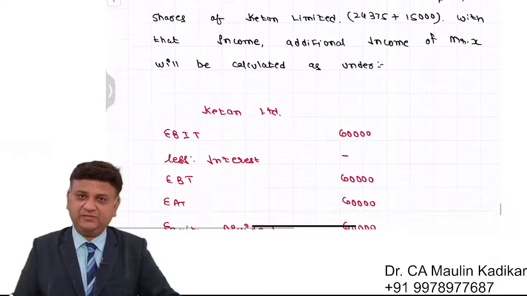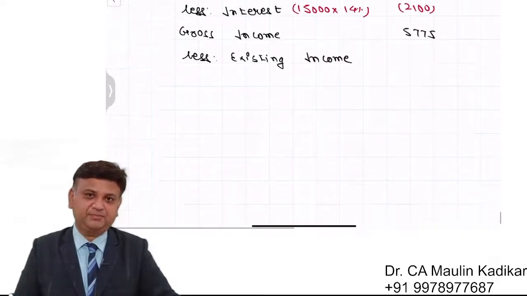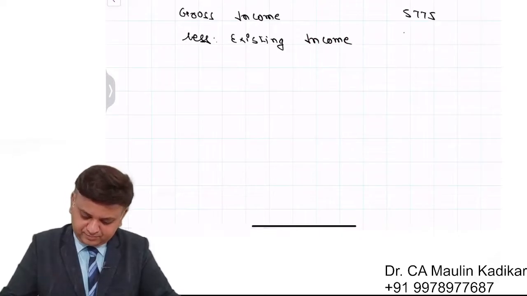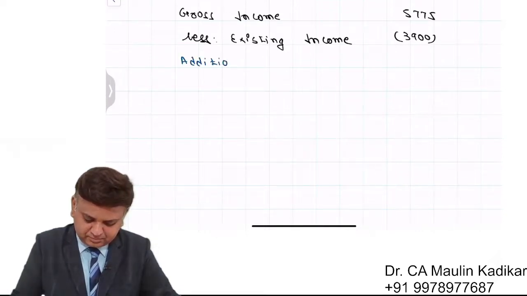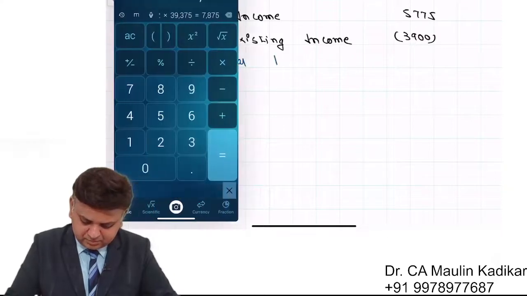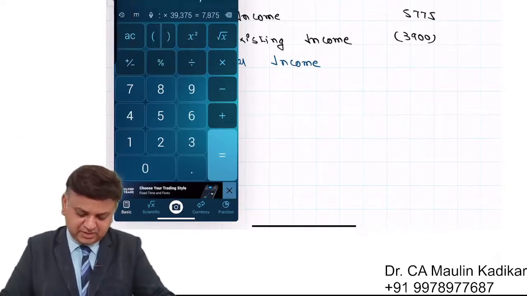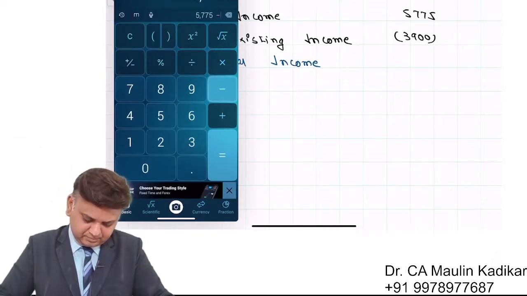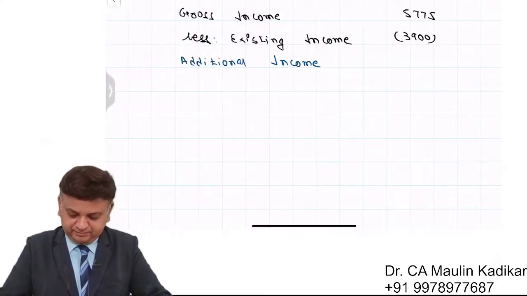So 5775 minus 3,900 will give the additional income. So the difference of these two is additional income. That is 5775 minus 3,900. It comes to 1875.